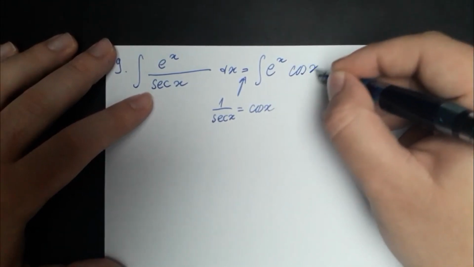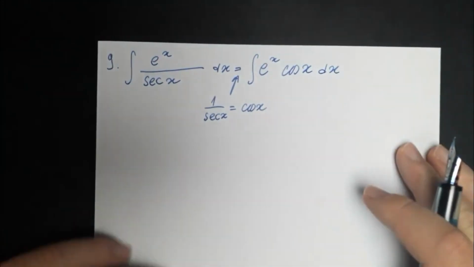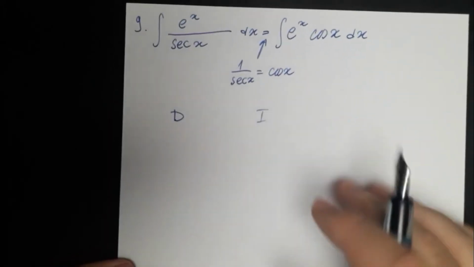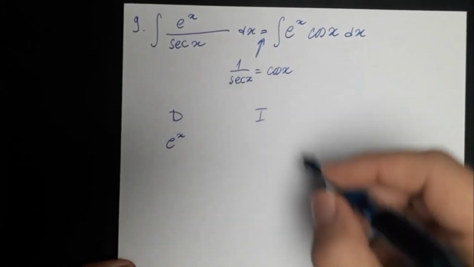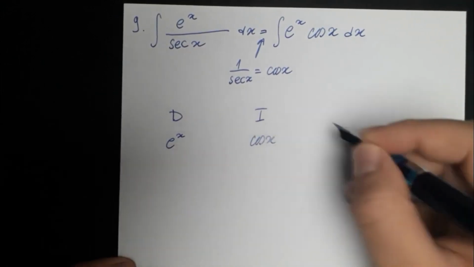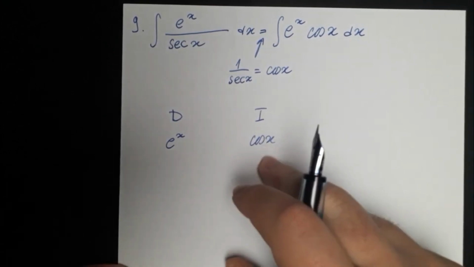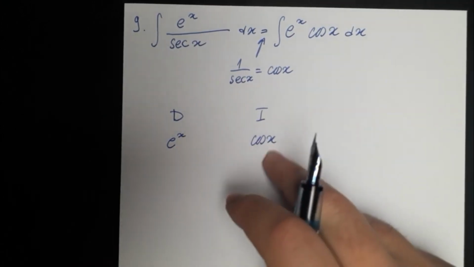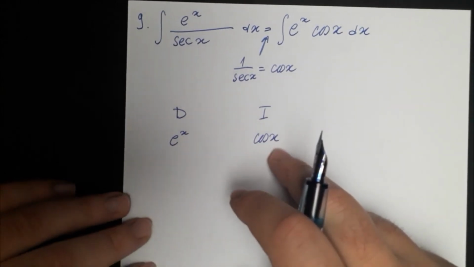So this is just e to the power x cosine x dx. If we use the DI method on this integral, we have e to the power x, and we are going to integrate cosine x. It really doesn't matter in this case which part of the integral you are going to differentiate and which you are going to integrate.